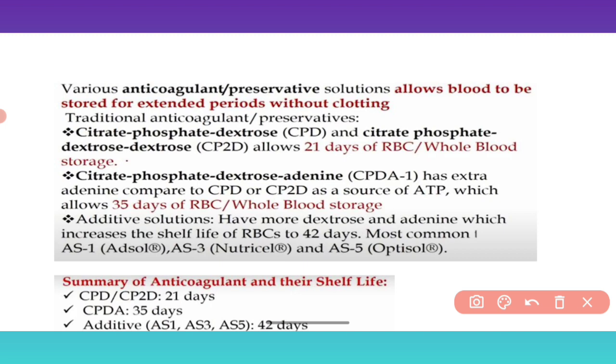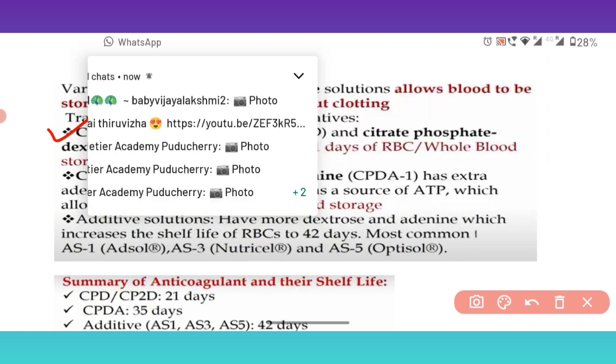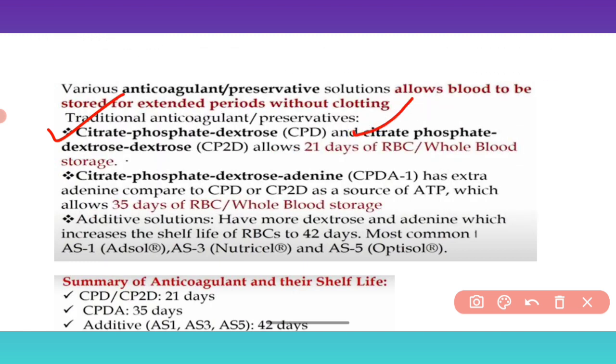Okay. The first anticoagulant is citrate phosphate dextrose, in short CPD, and it is also called citrate phosphate double dextrose, that is CP2D. Two dextrose is there, that is called CP2D. So if you add this CP2D in blood, it will prevent the blood from clotting for 21 days.